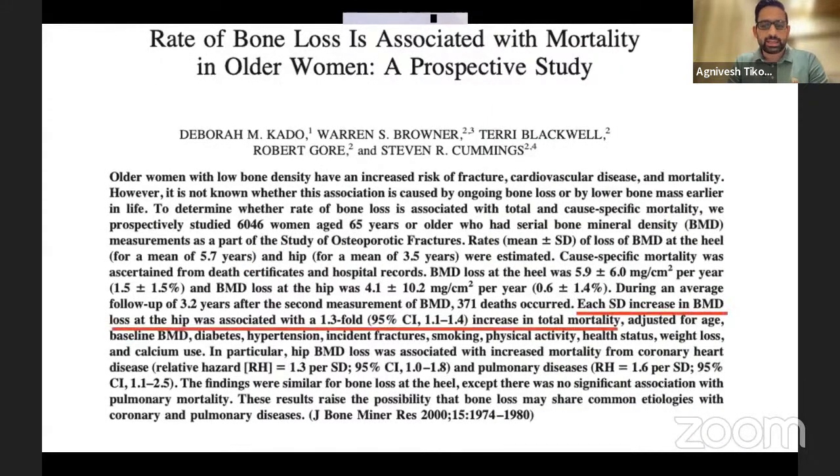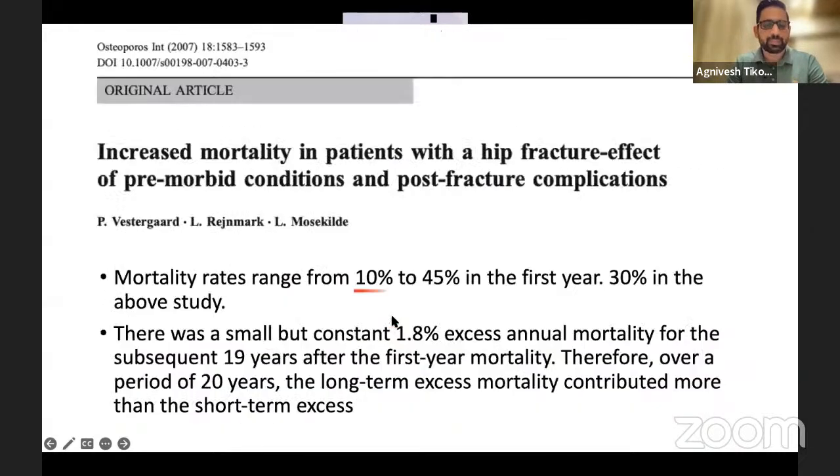So what is the increase in fragility fractures? Each standard deviation increase in BMD loss, which means from -1 to -2, or you may say -2 to -3, is associated with 1.3 times increase of fracture risk.